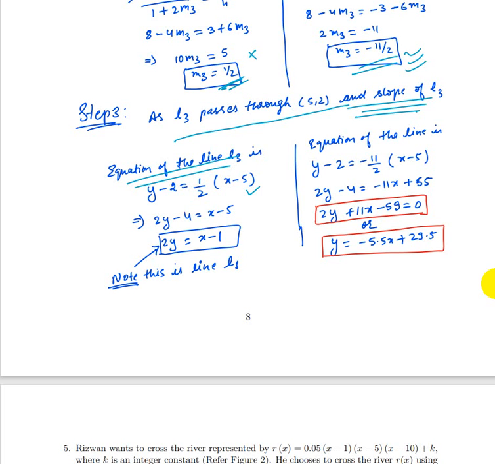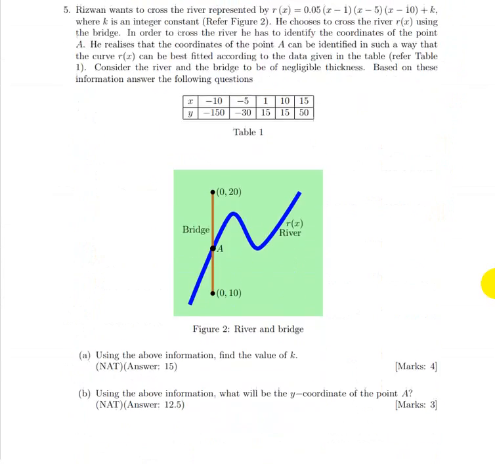Okay, because there is one point and the slope is given, so we just find from this m3 is equal to half, we got this, which is actually line L1. Okay, and from this minus 11 upon 2 we have got this, and actually the equation of line L3 is this. Okay, let's move forward.